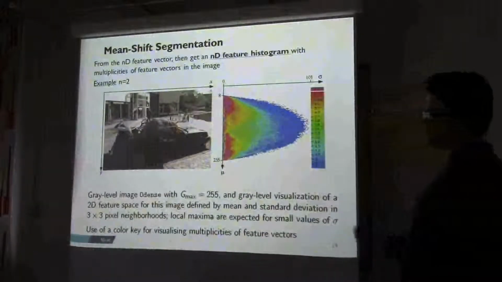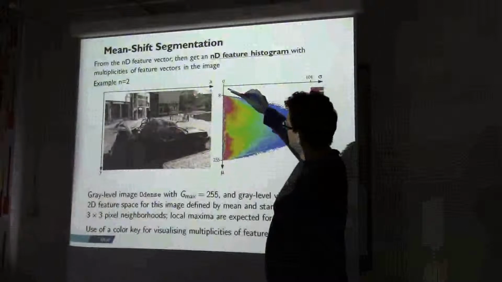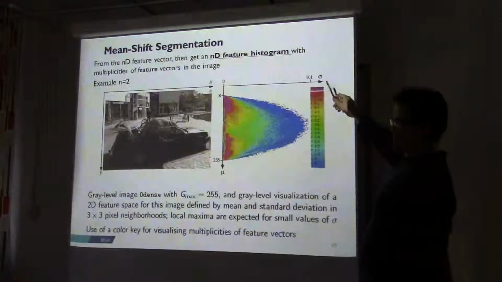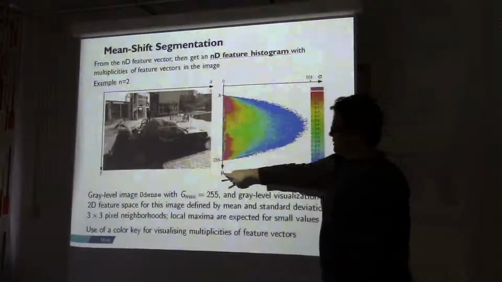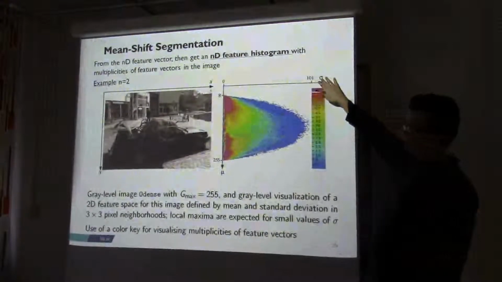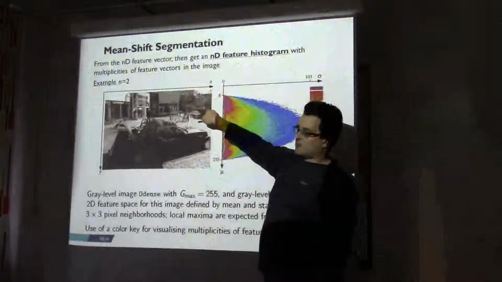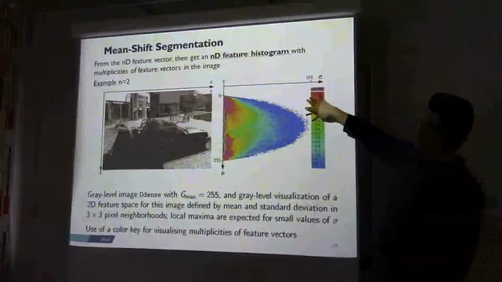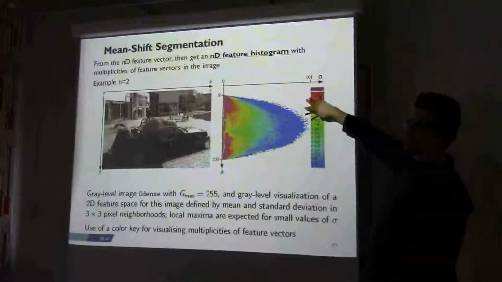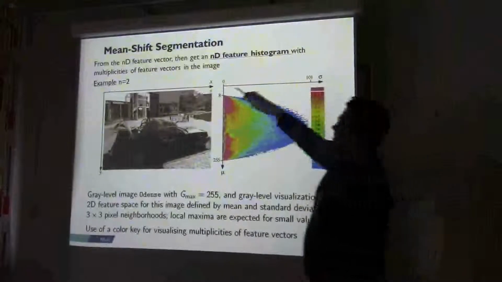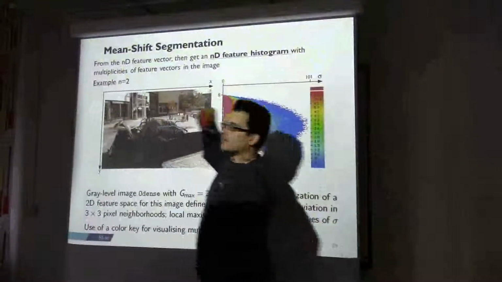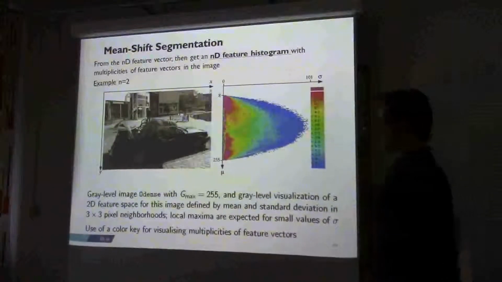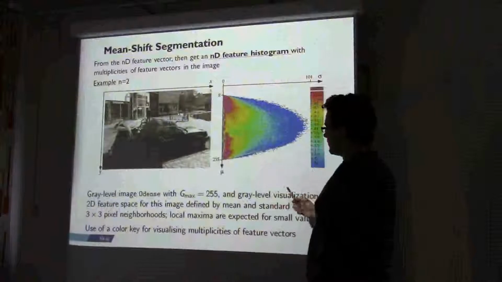And what is done in this method is to build a joint histogram of your features. In this case, we have mean and the standard deviation extracted from each pixel of this image. So what we compute is a joint histogram. You have the idea? If you have n dimensions, you have an n-dimensional histogram. I'm putting this example in 2D so we can see what is happening.